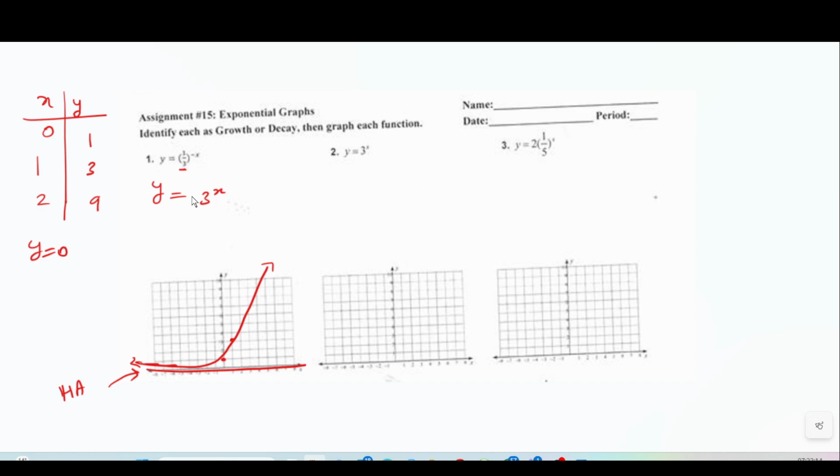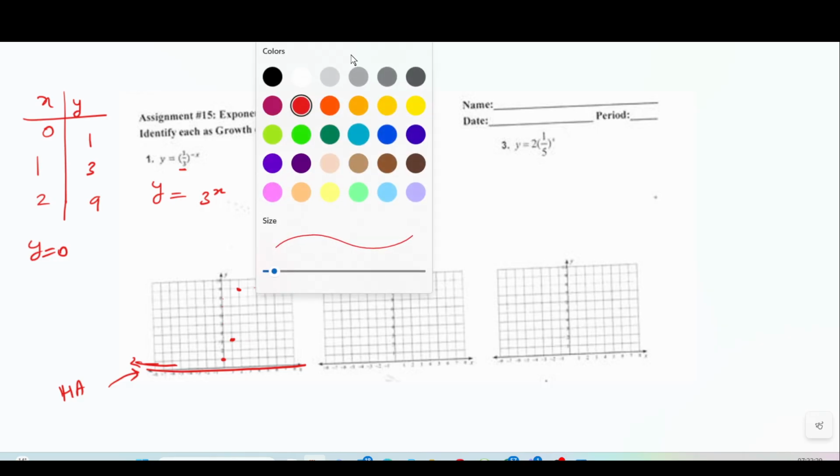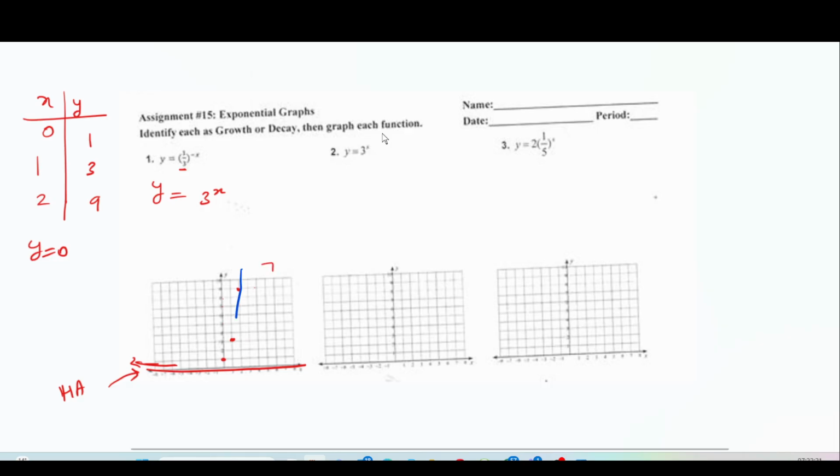So this is 1, 2, 3, 4, 7, 8, 9. So 2 and 9. Let me plot it again. This is how it will go, something like this. Did you get it?